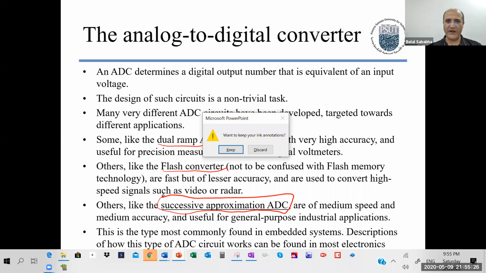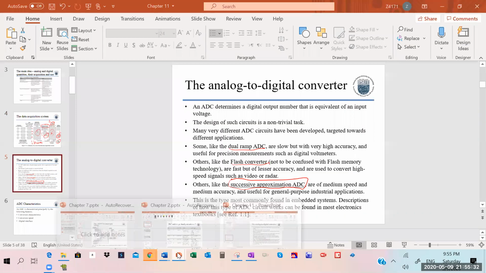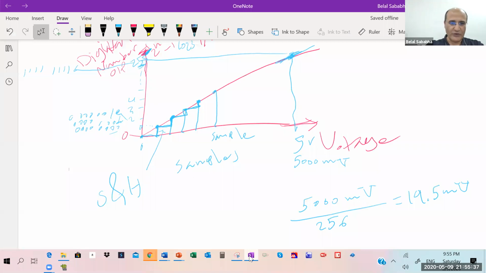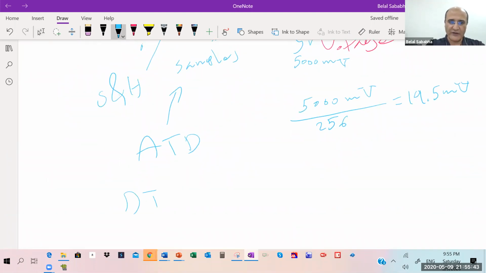Did you ever hear of an analog to digital to analog converter? What we are explaining is analog to digital. This chapter is about A to D. But there is something called D to A, digital to analog.